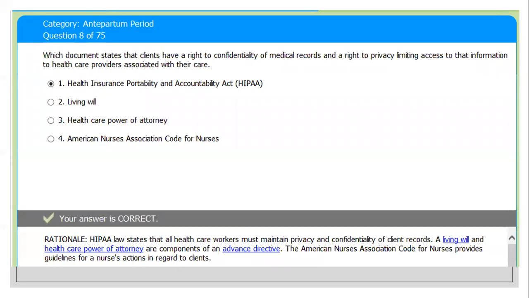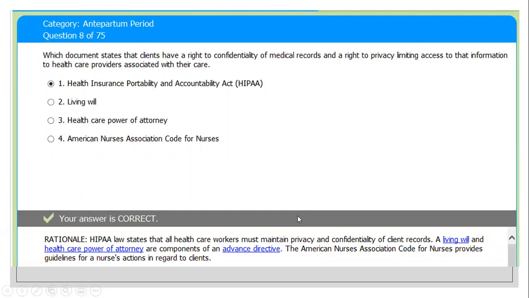So the correct answer is Health Insurance Portability and Accountability Act. What is the rationale? HIPAA is a law stating that all healthcare workers must maintain privacy and confidentiality of the client records.